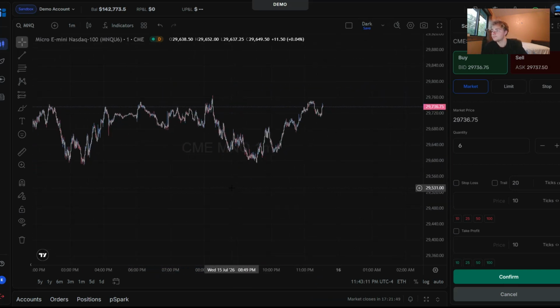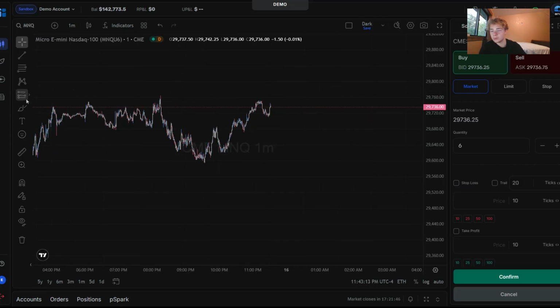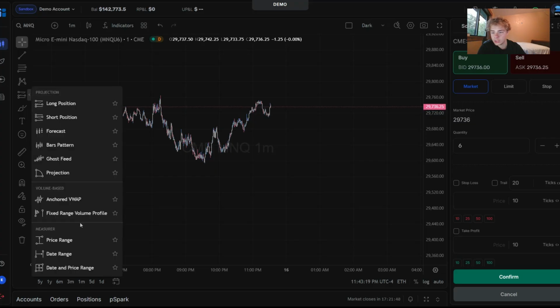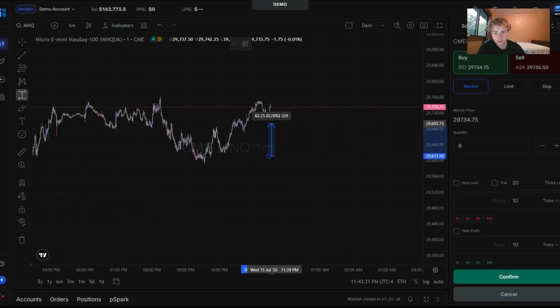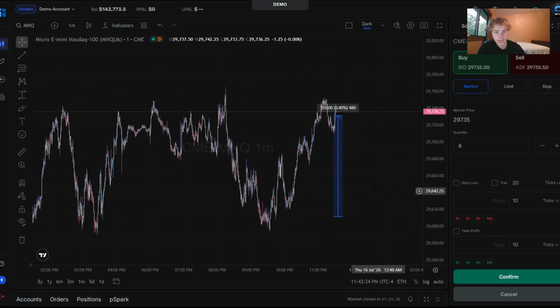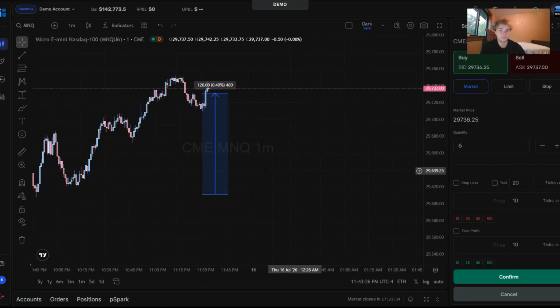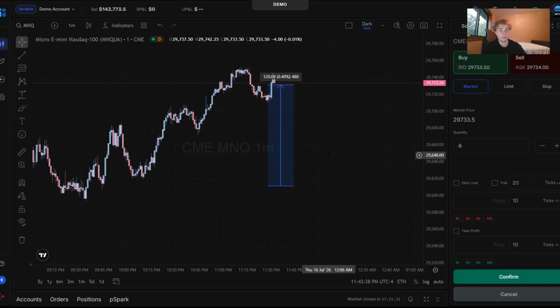And then measuring tool is also a useful one. I think it's actually called price range here. It's just a vertical arrow. You can measure like how big a move is or how big your stop loss or take profit is going to be. Whatever. When you want to see how big a range is, super easy.